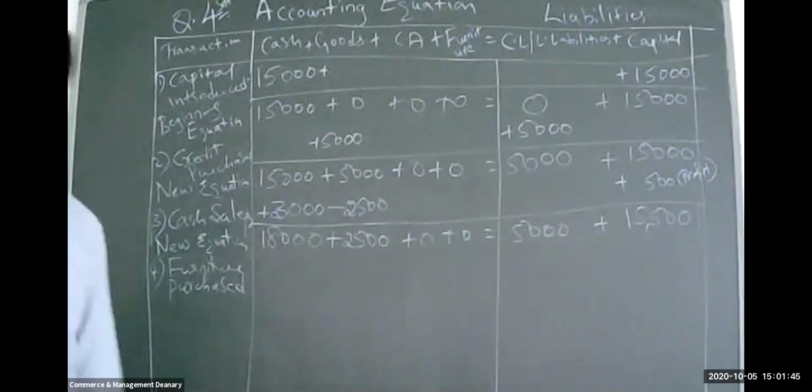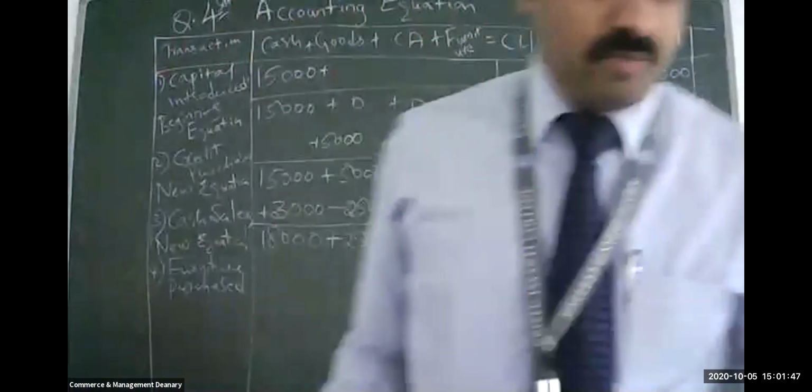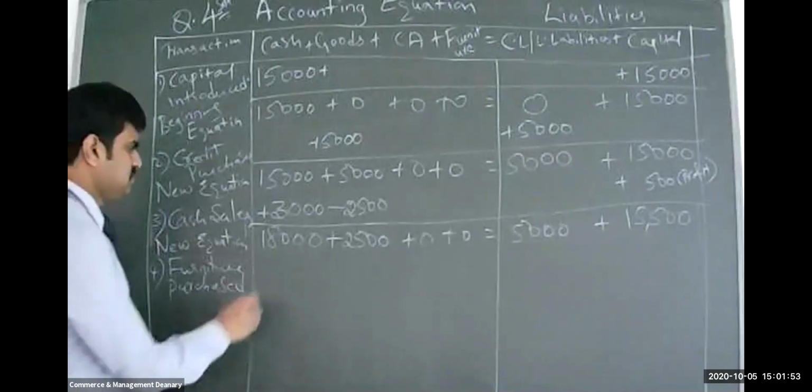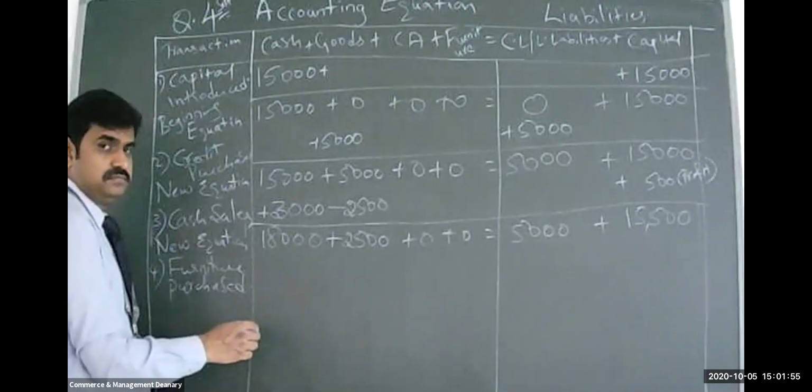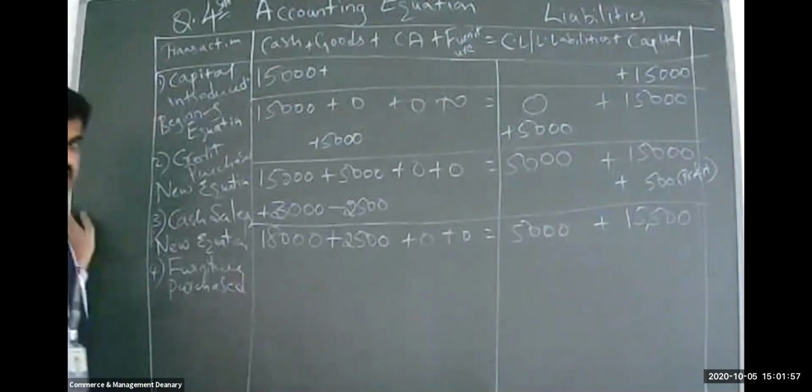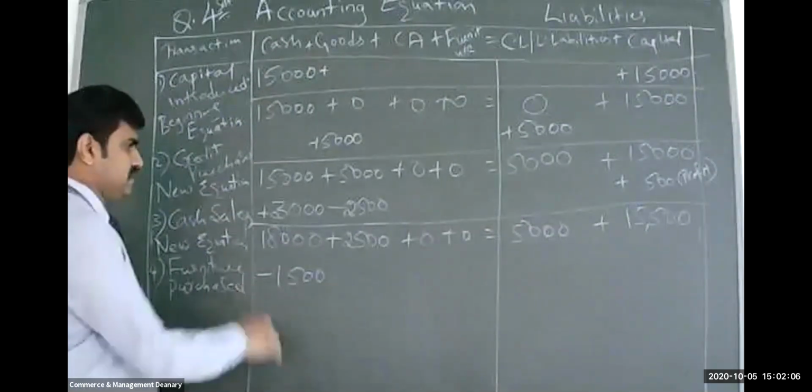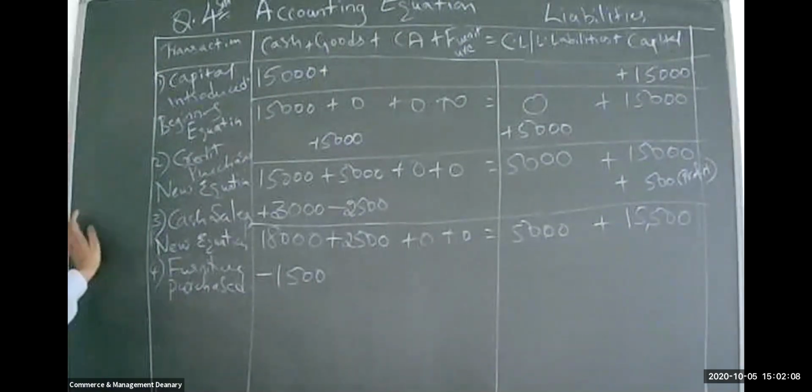So how much cash is going out? How much are you paying? 1,500. Cash is minus 1,500, because cash is going out. So what is coming in?